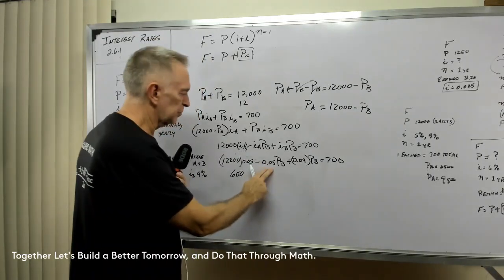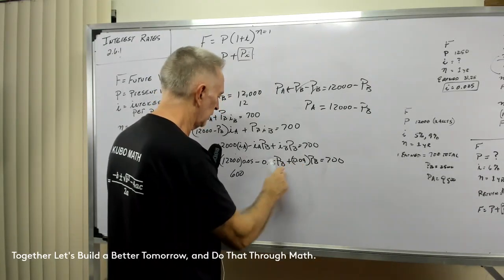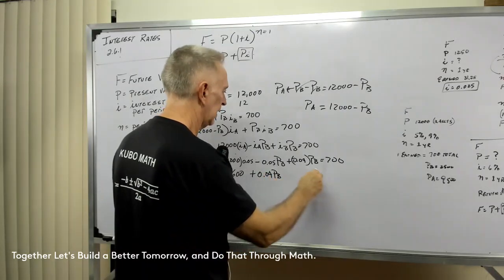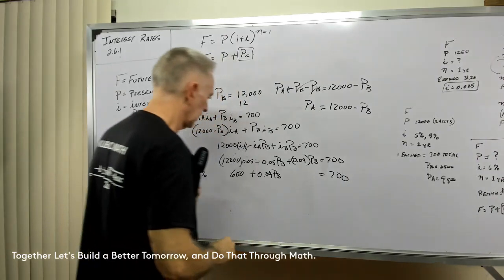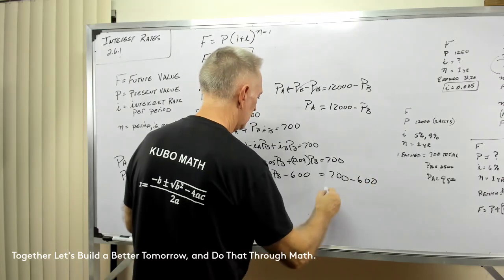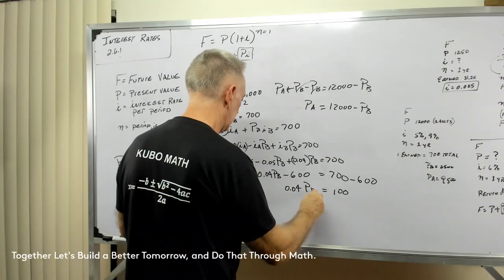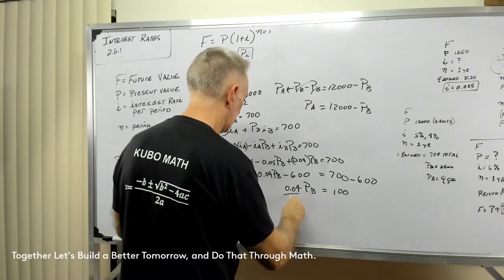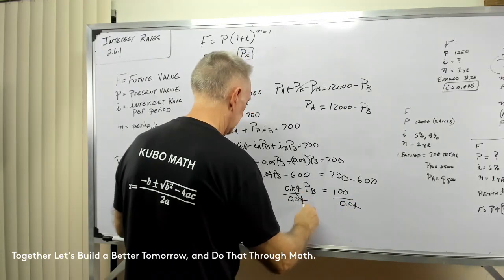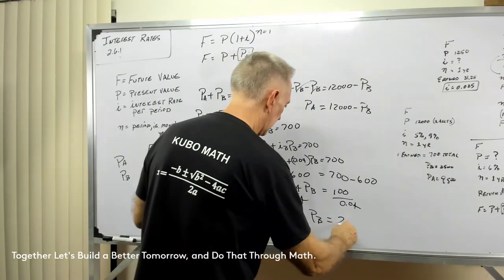Now I have a minus 0.05 P sub B and a plus 0.09, so that gives me a plus 0.04 P sub B, and that equals 700. So now I'm going to subtract 600 from both sides. So now I have 0.04 P sub B equals 100. So divide both sides by 0.04. So these cancel. P sub B equals 2,500.